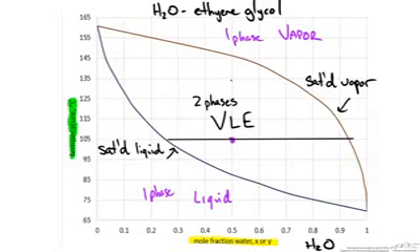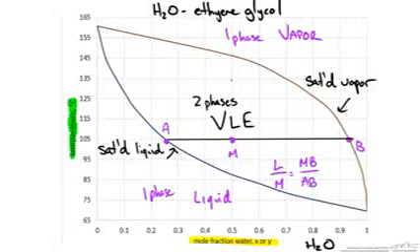And to determine the amount of liquid, we could take the ratio of the line from the mixture composition, I'll call M, to our saturated vapor line, let's just call it B, and a point on the saturated liquid line, point A. So this means that the amount of liquid compared to the amount of our mixture is just the distance MB over our total distance AB.